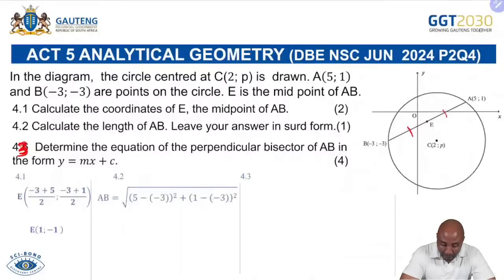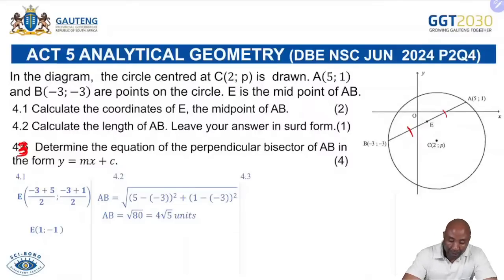We should get our distance as the square root of 80, or we leave it as 4√5 units. The question is specific. Leave your answer in surd form. If you leave it as a decimal, you will not get a mark because you did not answer the question.